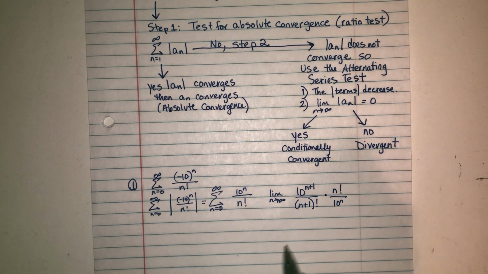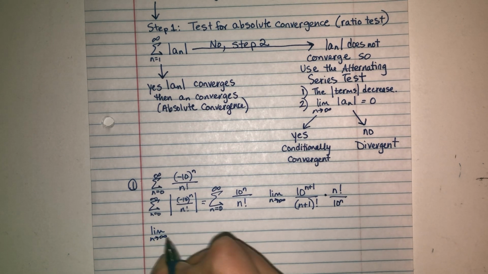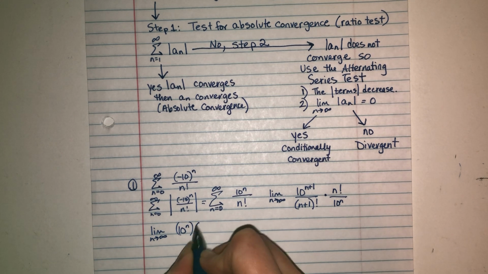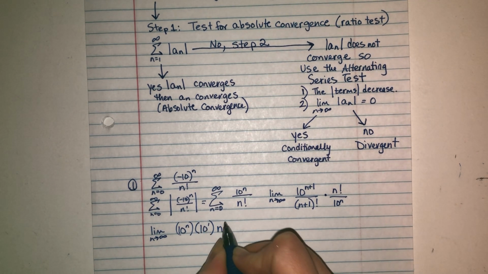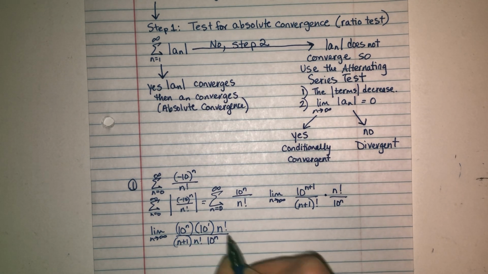Okay, so we're going to work on that. The limit as n approaches infinity of 10 to the n times 10 to the first times n factorial over n plus 1 times n factorial times 10 to the n.